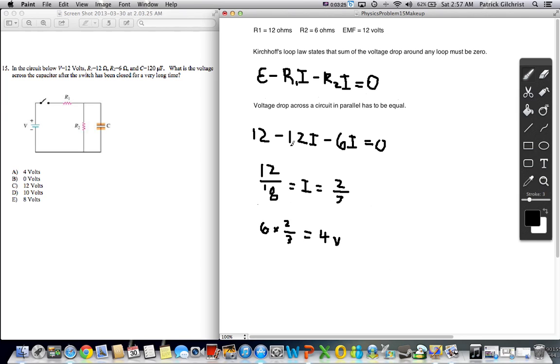And because we know that the voltage drop across a circuit in parallel has to be equal, we know that the voltage across the capacitor has to also be 4 volts.